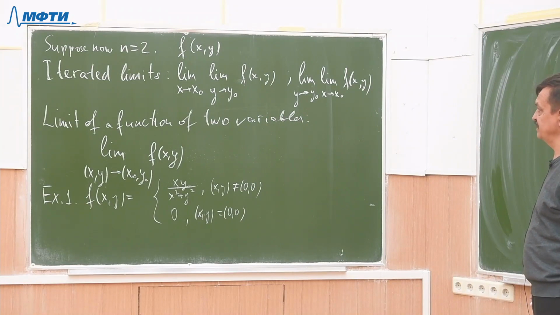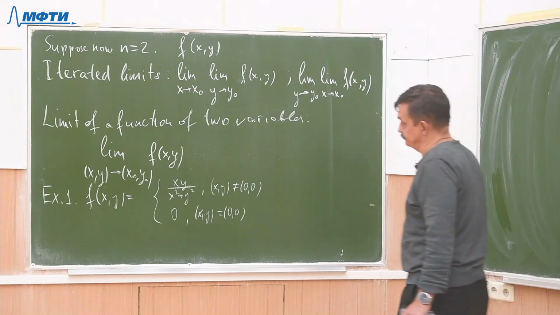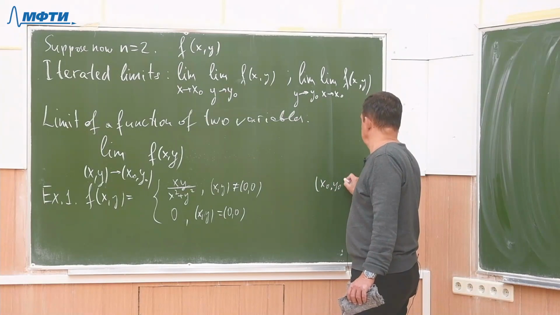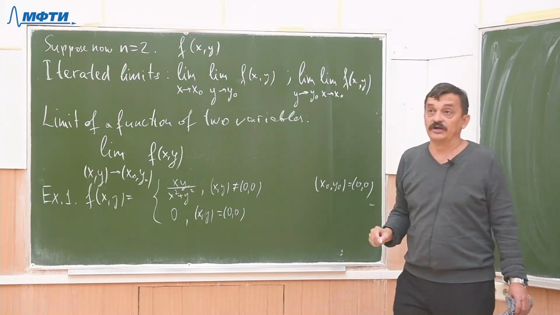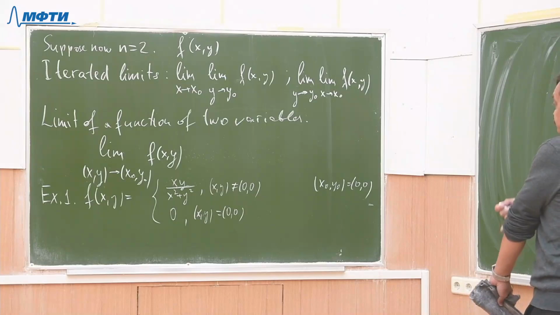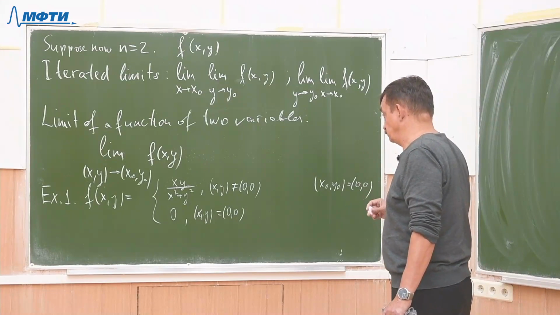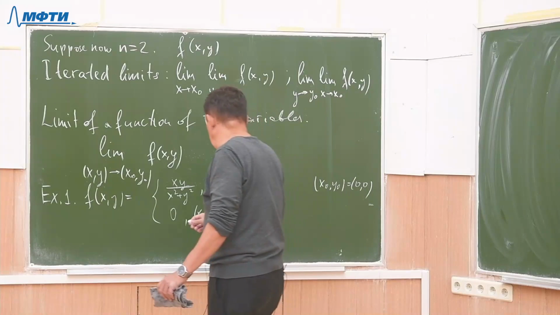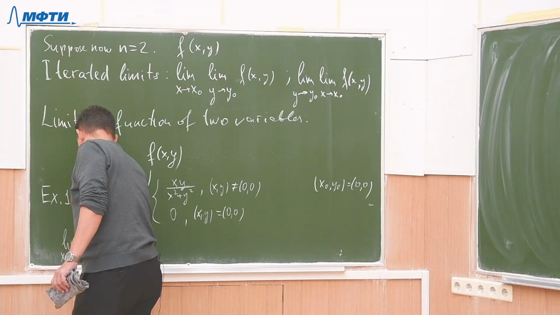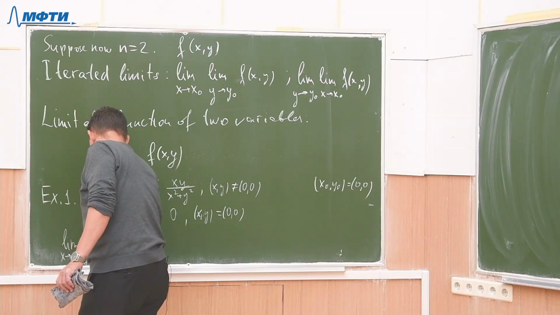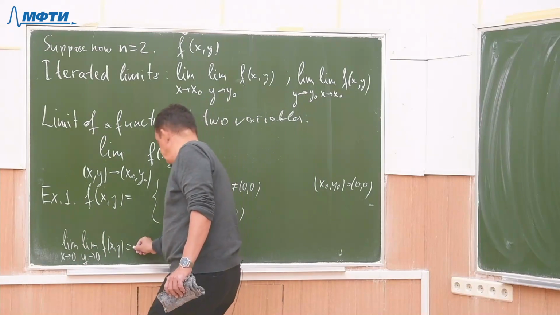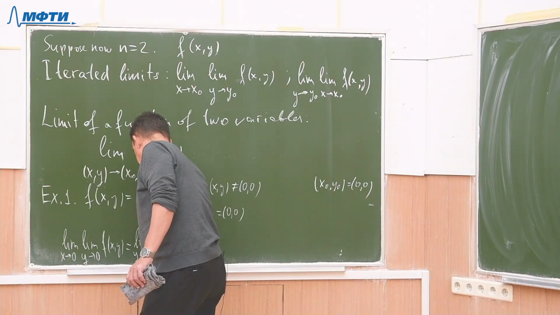So let us look at iterated limits. Of course, x naught, y naught is 0, 0. That is the interesting point for us. So look what happens. Look at iterated limits. Iterated limits here are as follows. Same in the other direction here.